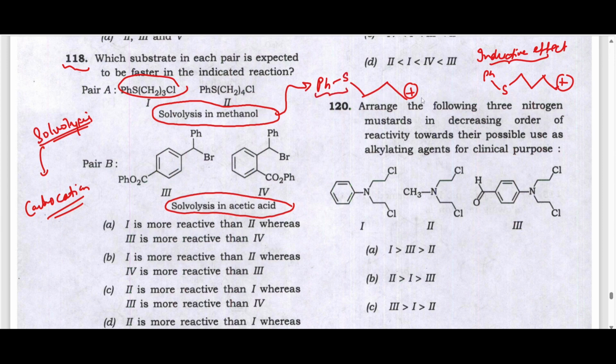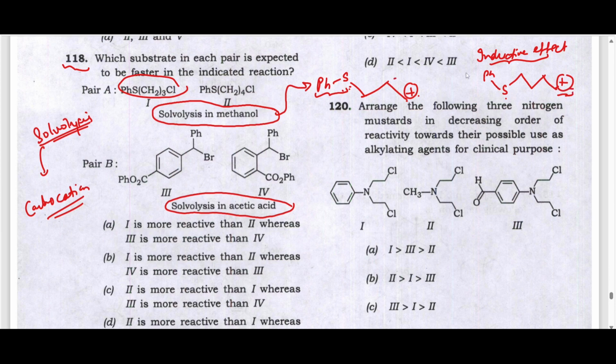And if you can see that in this case, there are only two methylene groups between this phenyl sulfide group and this carbocation. But in this case, there is one more methylene group. It means that this carbon is far away from this phenyl sulfide group. So better inductive effect by the phenyl sulfide group and resonance stabilization will be provided in this case because the phenyl sulfide group is closer to this carbocation as compared to this carbocation.